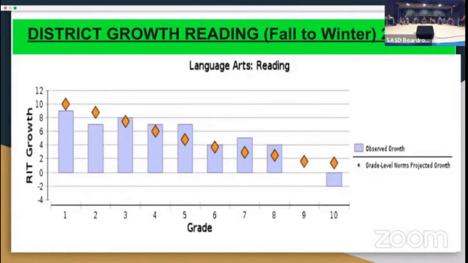Right there, that's the one that I'm wondering about. Why does 9 not have any bar on it? Oh, because they had a 218 in the fall and a 218 in the winter. So they had a growth of 0.